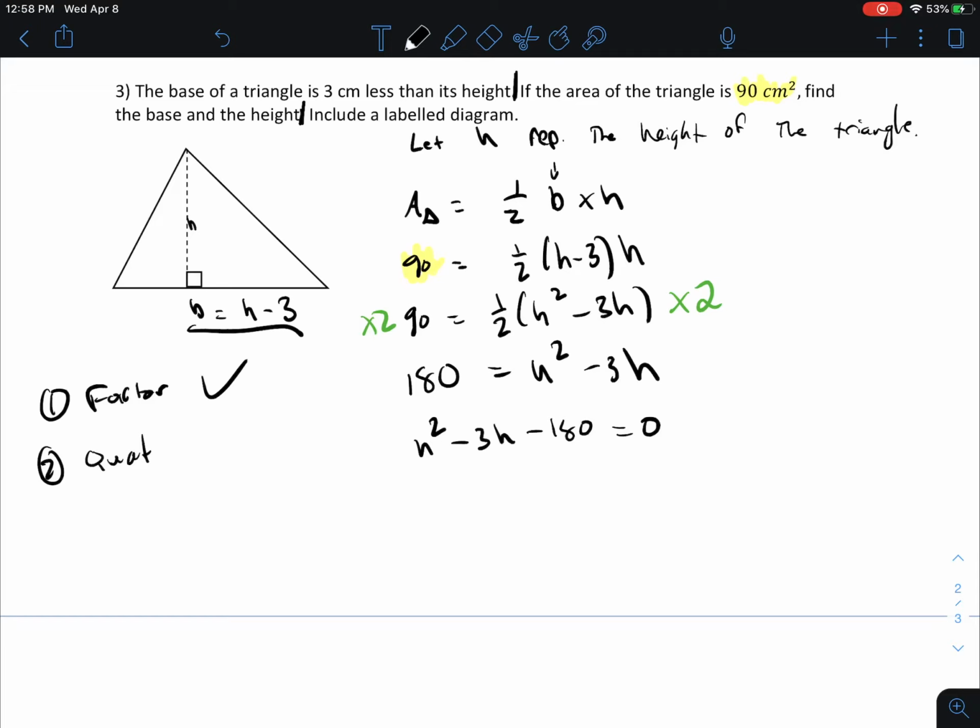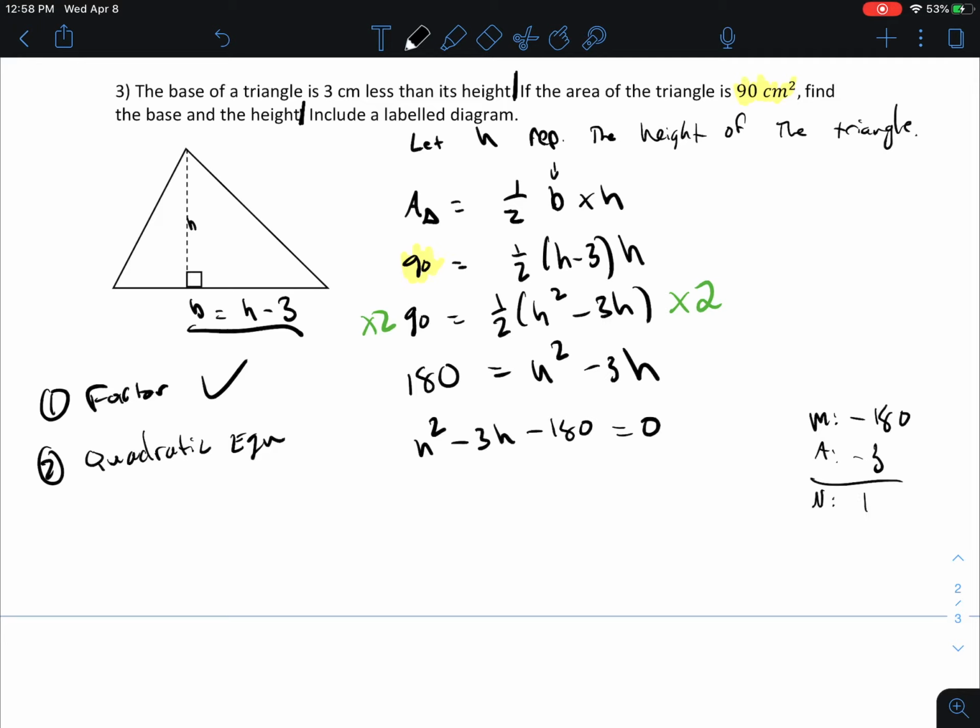If I can't, then I'm going to use the quadratic equation. Okay, so let's try and factor. I'm going to need two numbers to multiply to 180 and add to -3.